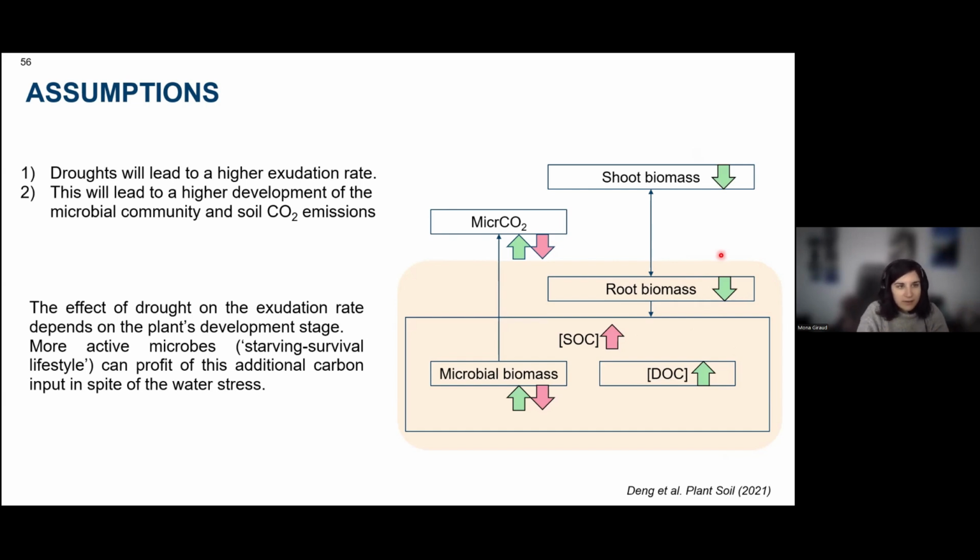But as we did not include this process, we did not see these relative differences. Also, we simulated a smaller time span than in the meta-analysis of Deng et al. So using our model, we could compare with data from the literature and better see what processes are still missing.